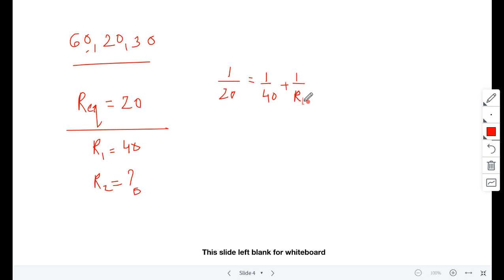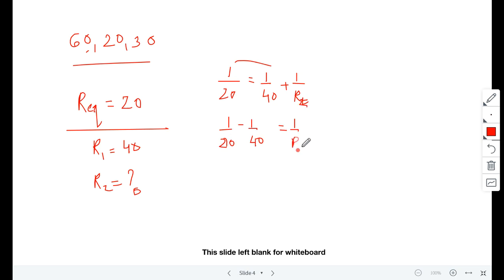Yes. That means if you transpose it right there, it's 1 over 20 minus 1 over 40 equals 1 over R2.